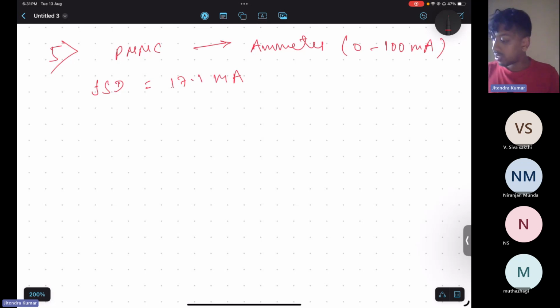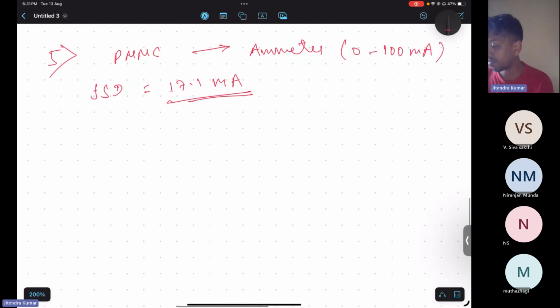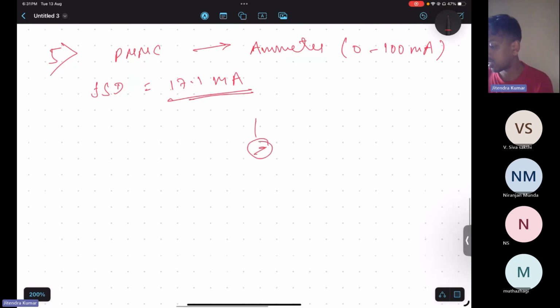Now, the full scale current is this much, which means this PMMC can go up to 17.1 milliampere, and we have to convert it into an ammeter of range 0 to 100 milliampere. So peak current should be 100 milliampere. So simply, with this much current in this branch, we have to connect a shunt resistance, isn't it?